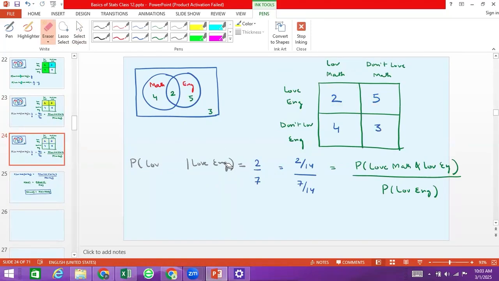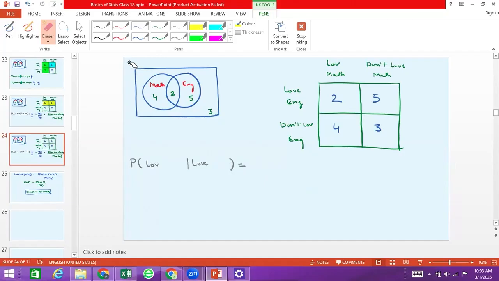Now I'm saying that instead of saying this, let's talk about probability of loving English given that you love math, which is equal to 2 by 6, 1 by 3.